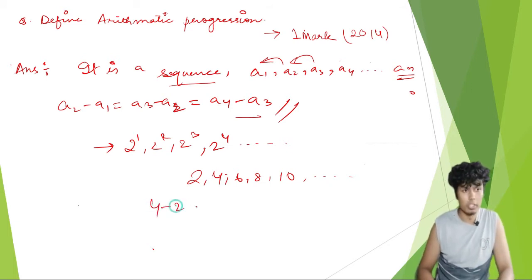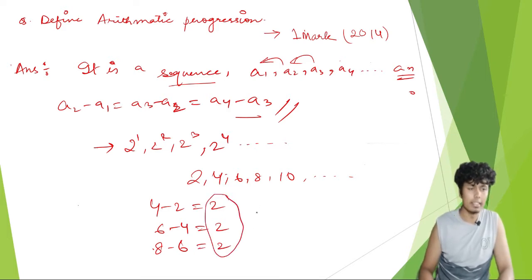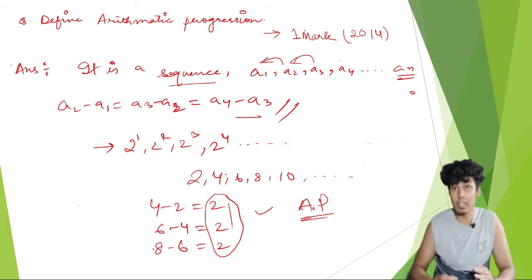So 4 minus 2 is equal to 2, 6 minus 4 is equal to 2, 8 minus 6 is equal to 2. All these are the same, so this is an AP. So a sequence can be an AP, but it is not necessary that every sequence is an AP.